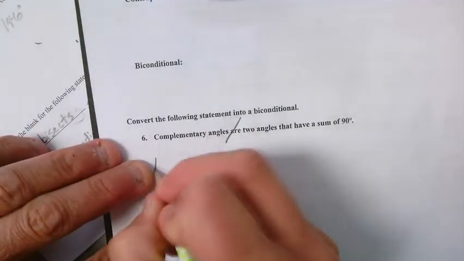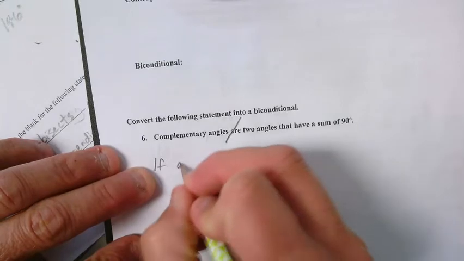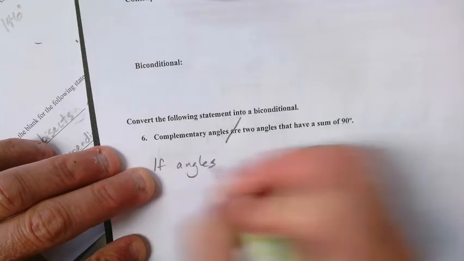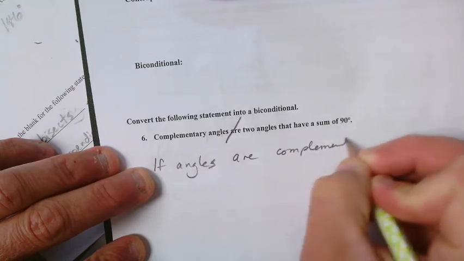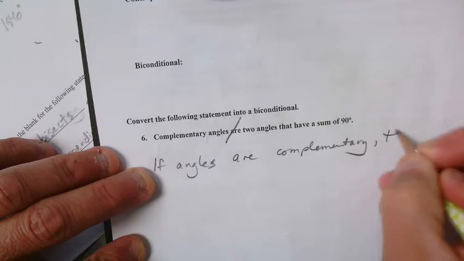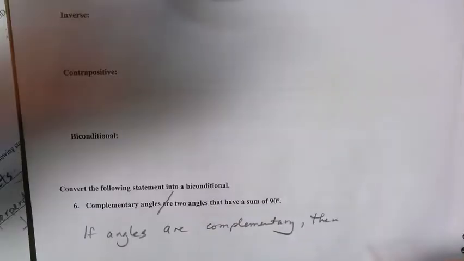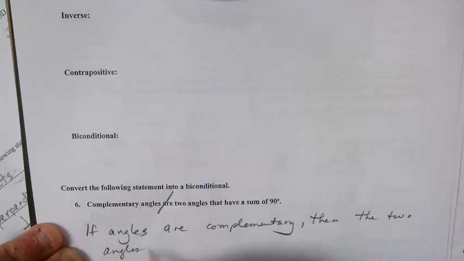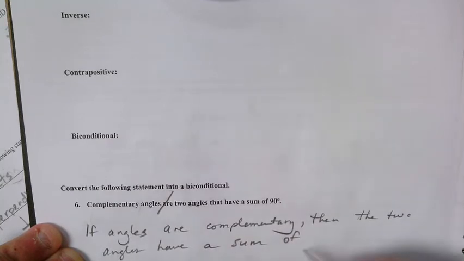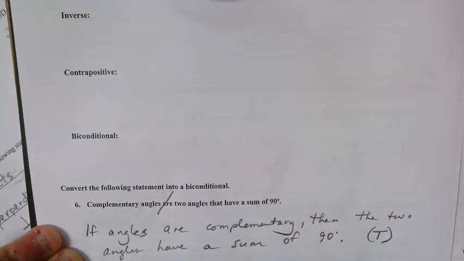If angles are complementary, then the two angles have a sum of 90 degrees. And guess what? That's true. They do have a sum of 90 degrees.